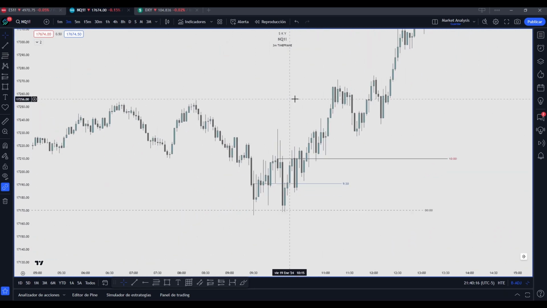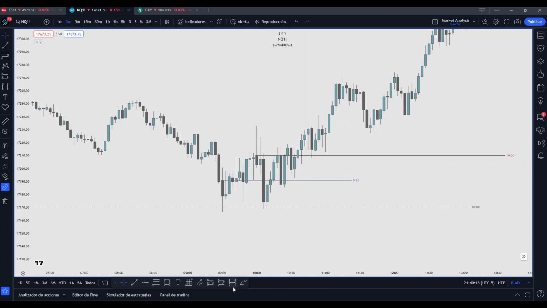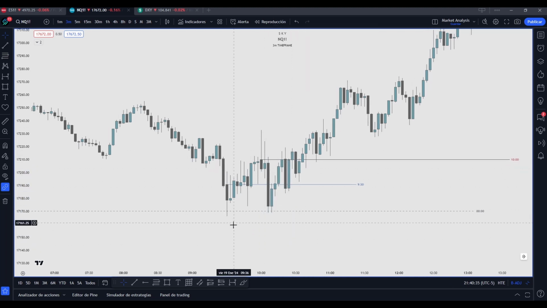You can see it's been a bit choppy. As I said, I like to wait for the power of 3 to develop around 15 or 30 minutes. So here would be 15, here would be 30. You can see price is already making the manipulation leg.